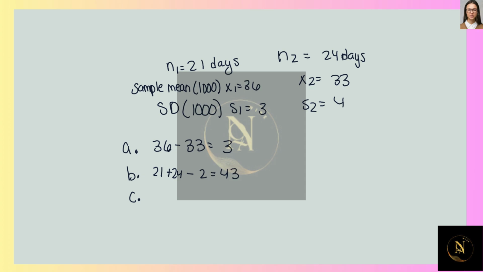So you're going to do 21 minus 1, and then multiply that by 3 squared. Then you're going to add that to 24 minus 1, multiplied by 4 squared. Then you're going to divide by 21 plus 24 minus 2.